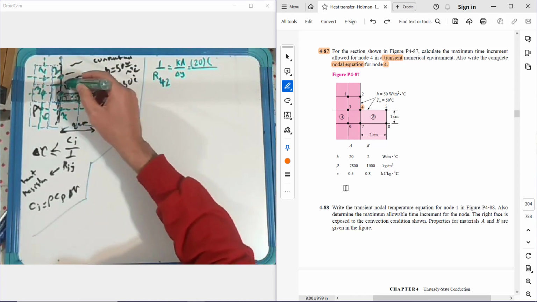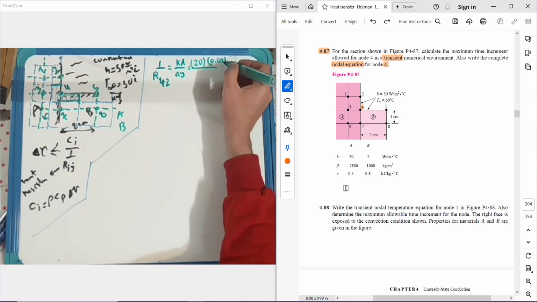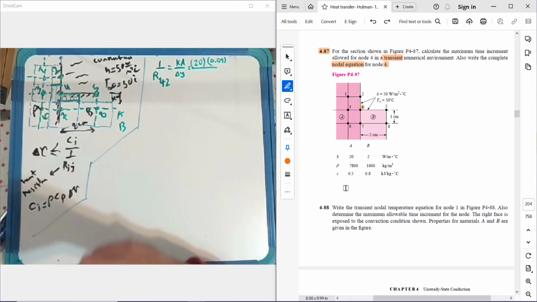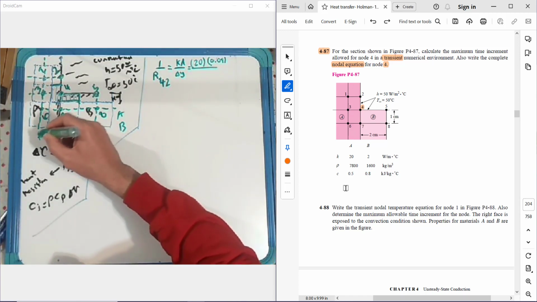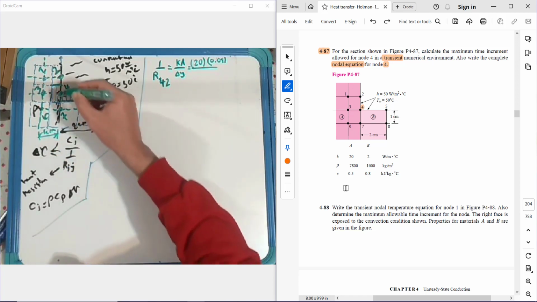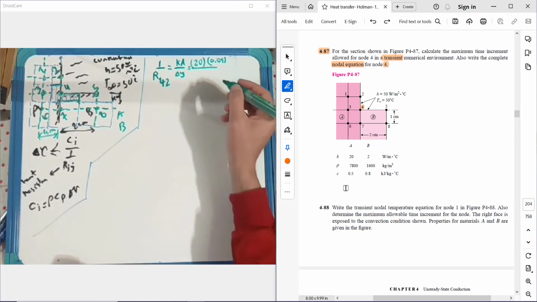Okay, this is A, which is 1 centimeter. Am I right? No, I'm not, because here to here is 1 centimeter, so here would be half a centimeter.